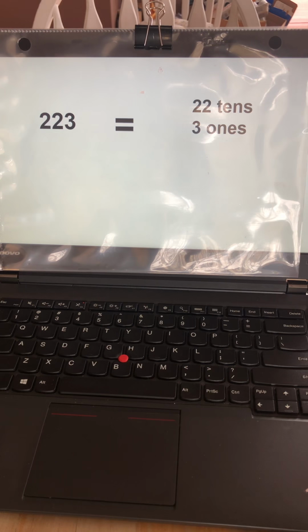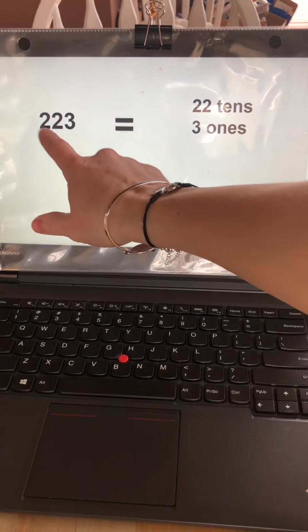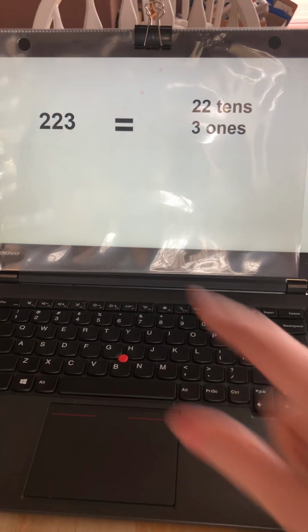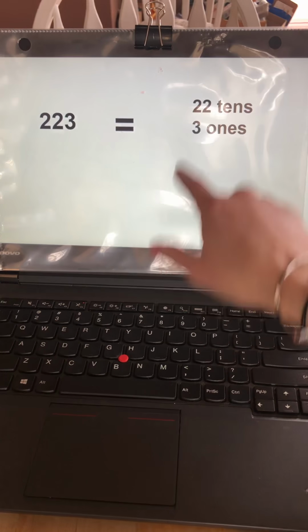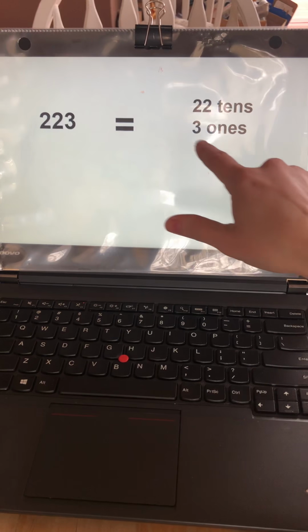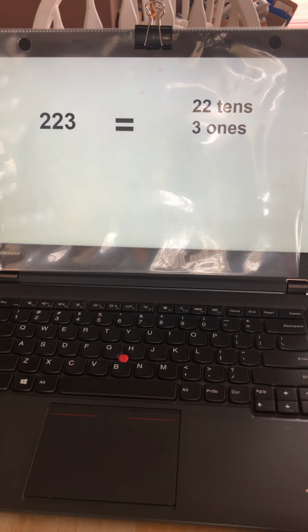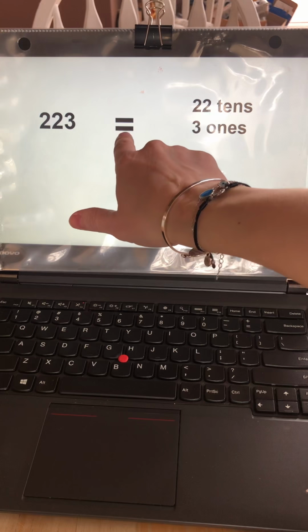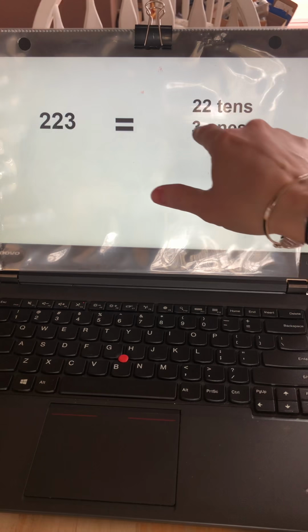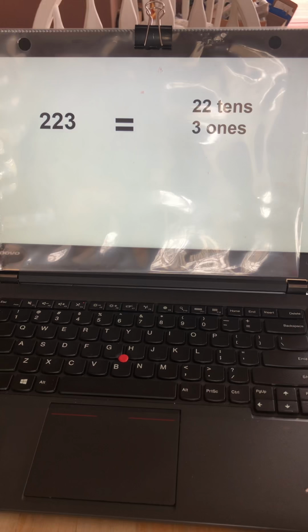Ooh, now I have the number in standard form 223. Is 223 equal to 22 tens and 3 ones? Is this equivalent? Give you a few seconds. Is 223 equal to 22 tens and 3 ones?